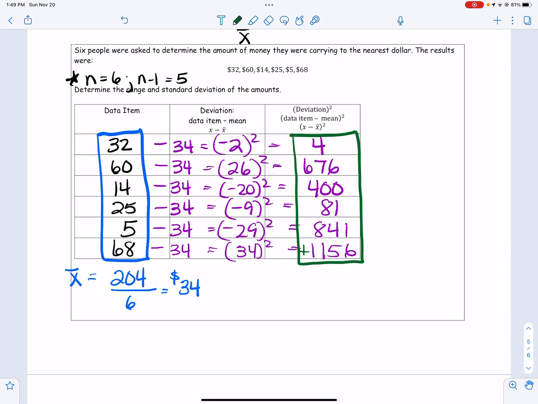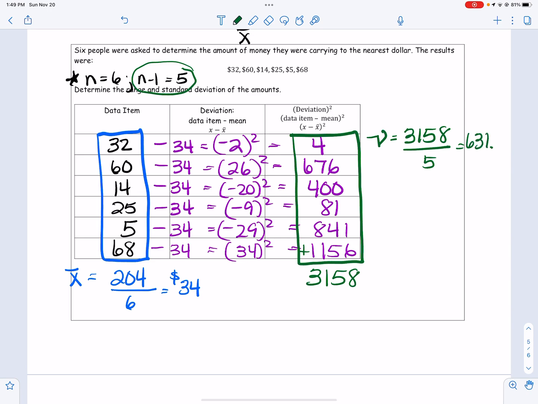And so I will get 3,158. So to get the variance, I take that sum, I divide it by n minus 1, which is 5, and it comes out to be 631.6.